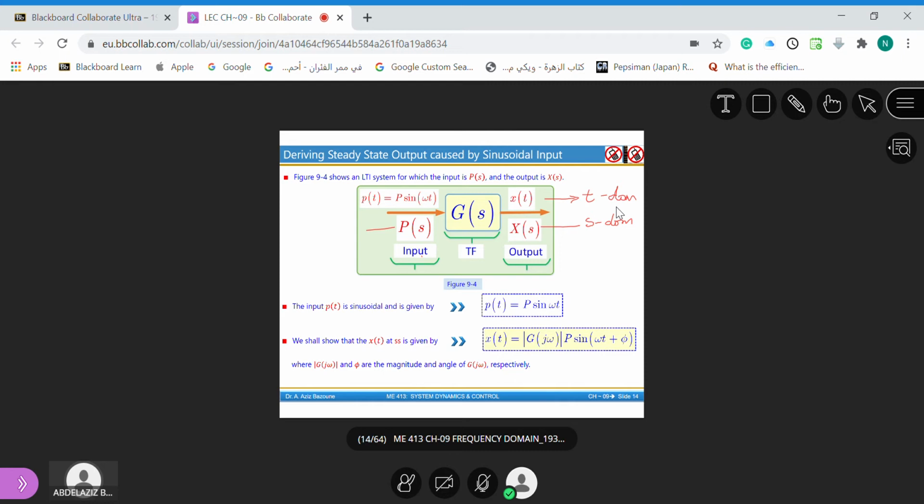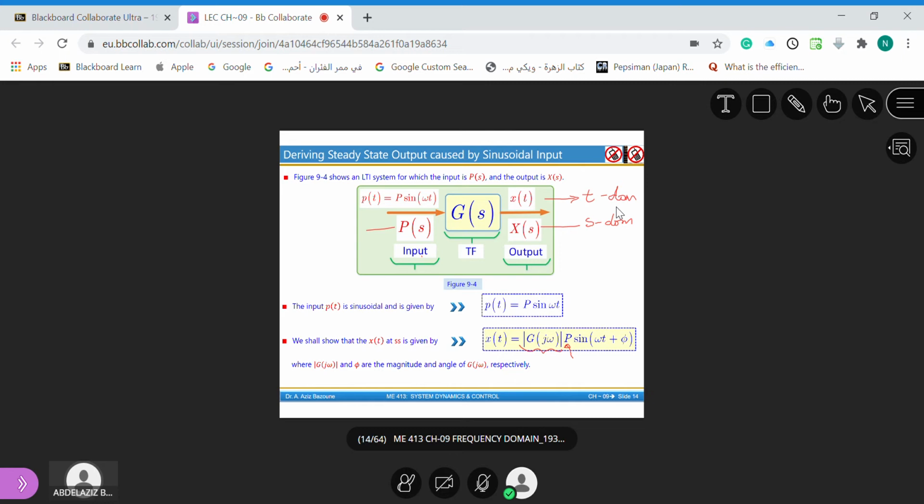So if the input is P(t) = P sin ωt, we expect the output to be of this form: the magnitude of G(jω) times the magnitude of the input, sin(ωt + φ).